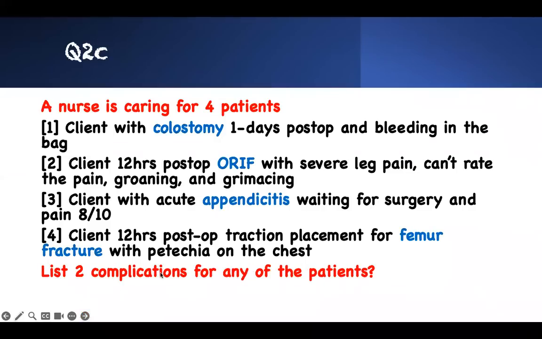Now, the next is carrying the same patients, these 4 patients. List 2 complications for any of this. I've given you that. So you can say, this is not true bleeding, so I won't say it's a complication. Patient has open reduction, internal fixation, all of a sudden severe leg pain, grimacing and groaning.